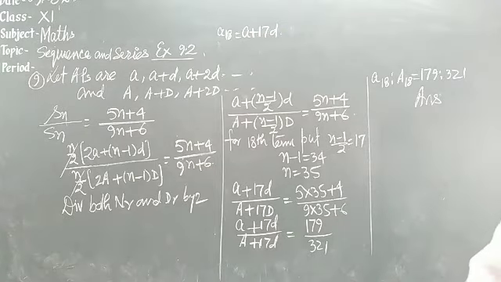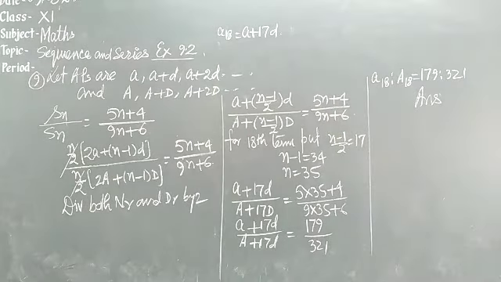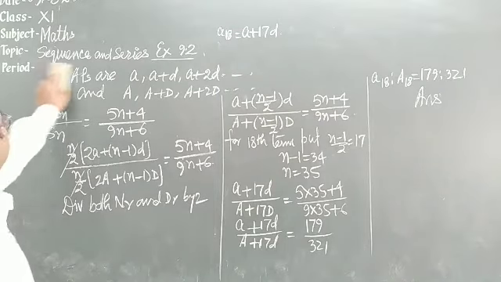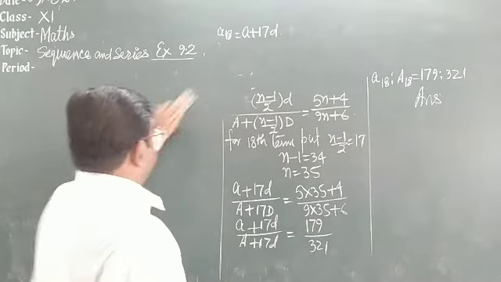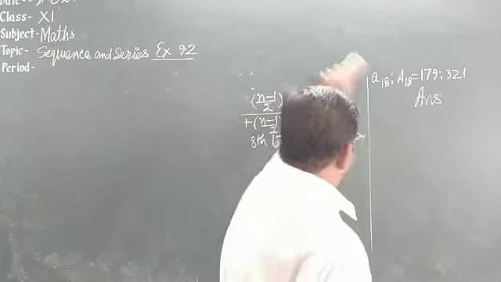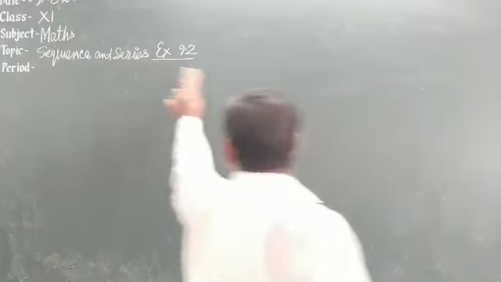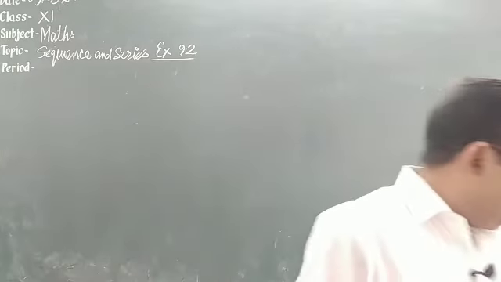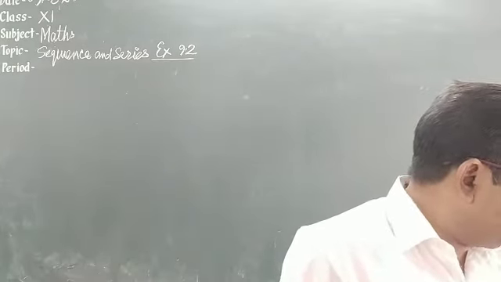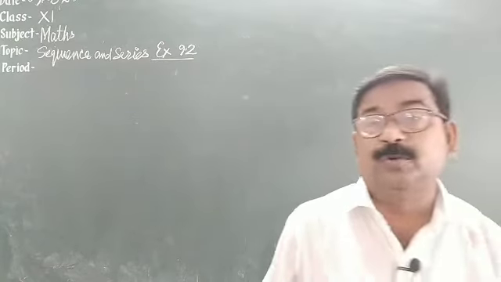Now let's see question number 10. In the 10th question, we are given if the sum of first P terms of an AP is equal to sum of Q terms, then find the sum of first P plus Q terms.